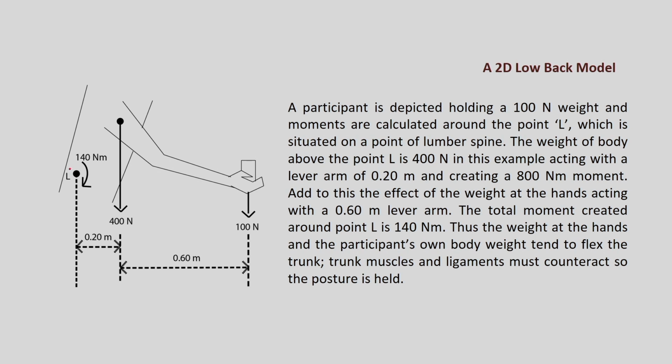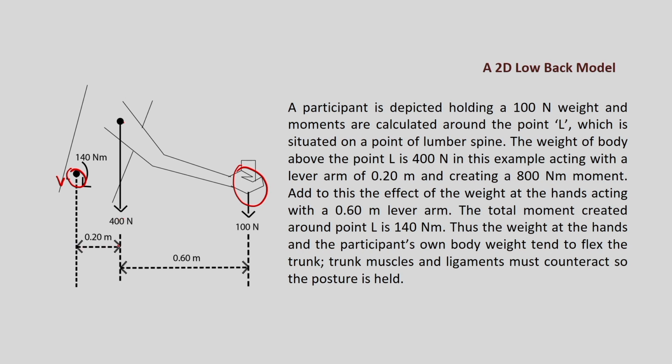So, let us take an example over here. See, this is my lumbar region, so I kept it as L. Now, I am holding the same weight over here, 100 Newton. Here you also have body weight and all those things, which comes here as 400 Newton.